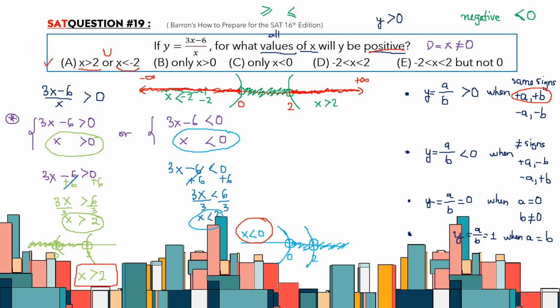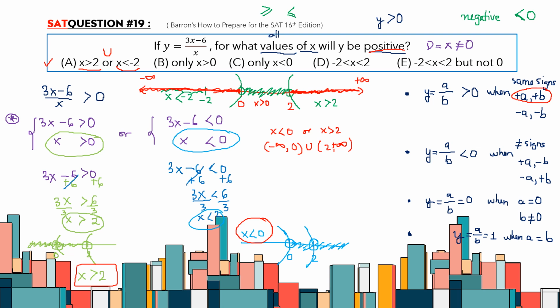A looks right. B says only x greater than 0. But that part is not in our solution set. Our solution set says x less than 0 or x greater than 2, or negative infinity to 0 union 2 to positive infinity.